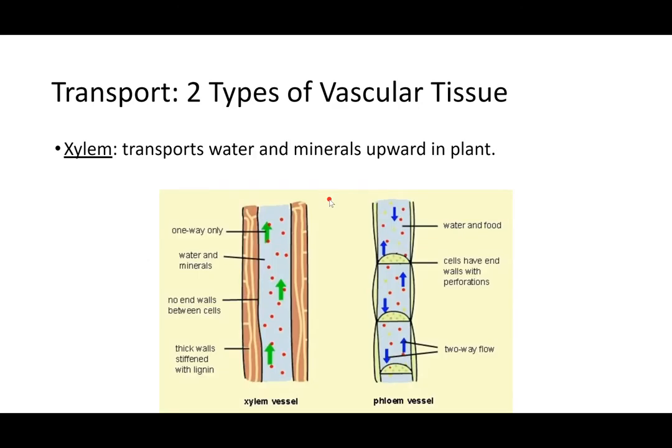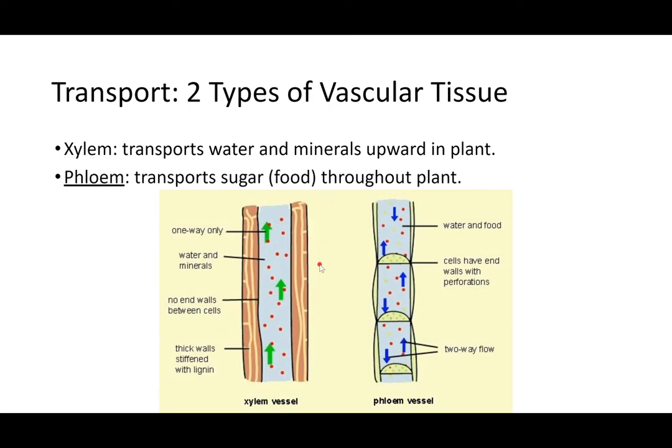So there are two tubes used in our vascular tissue. You have the xylem, which transports water mostly, but also minerals, up through the plant, so from the roots up to the rest of the plant. And then, of course, the phloem, which transports the sugar from the leaves to every part of the plant.